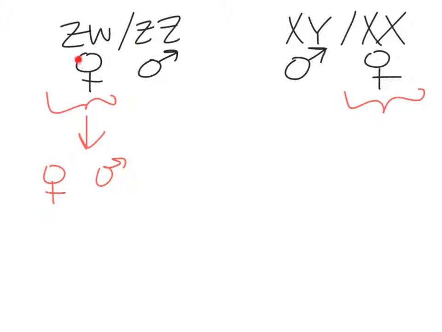So it's possible for that individual to produce both ZW and ZZ offspring. Whereas if you're an XX female, what sort of sex chromosome constitutions can you have in your offspring? Only X's. It's an interesting difference in how parthenogenesis works between different species.